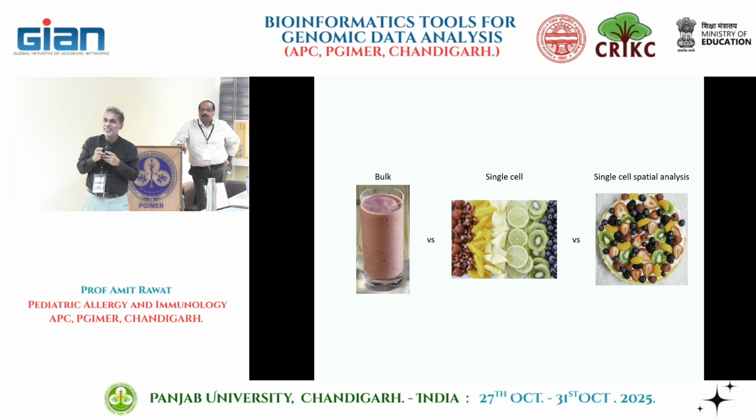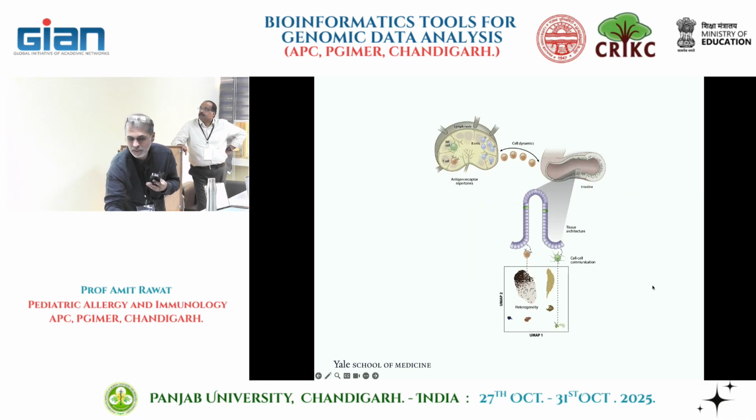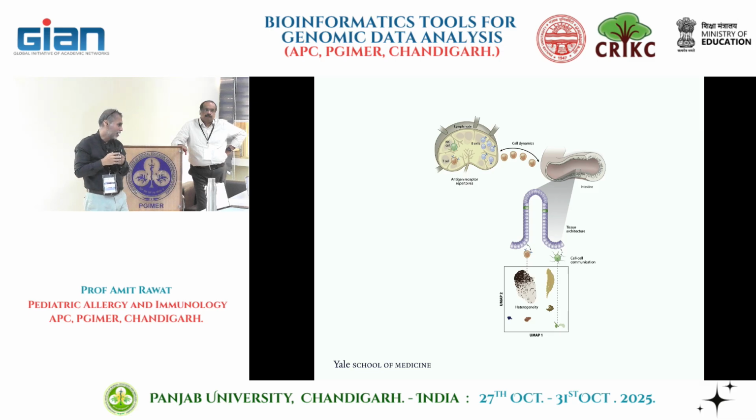And in spatial, you have information not only about each single cell, but also about the spatial orientation of that cell. It's widely used in pathology. In terms of immunology, there are different ways you can employ single cell genomics or transcriptomics.